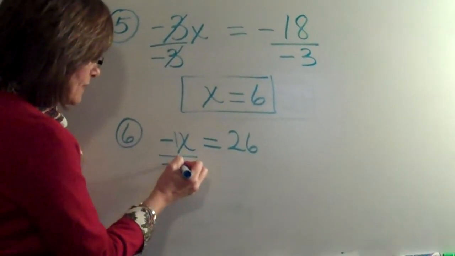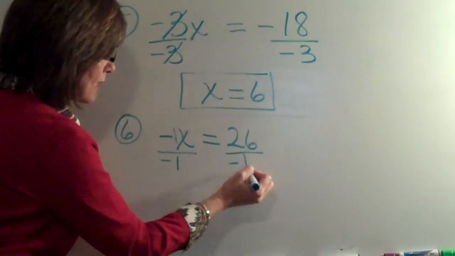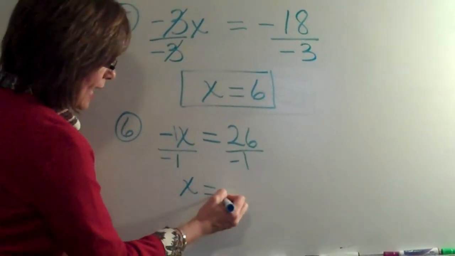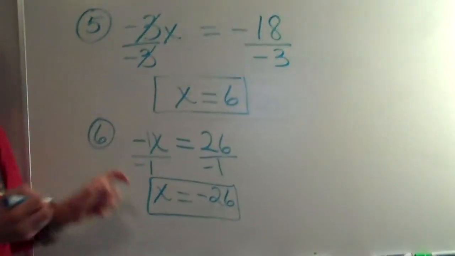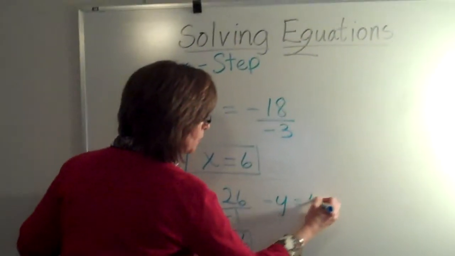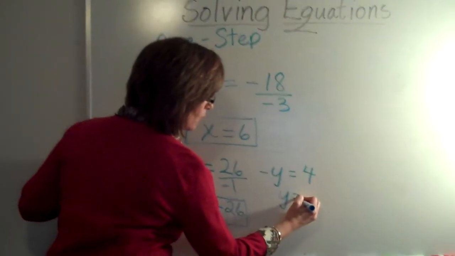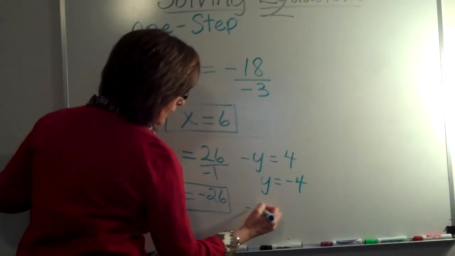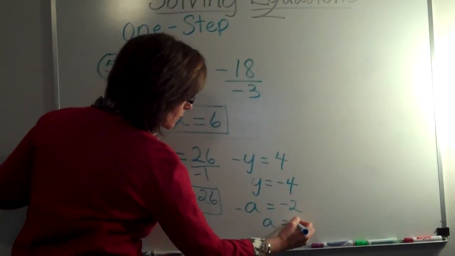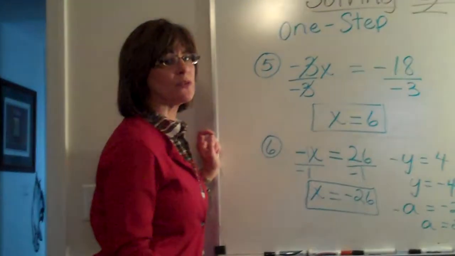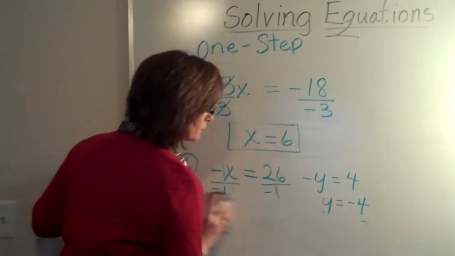So if I divide this side by -1 and this side by -1, I get x equals -26. What I'm really doing is just taking the opposite. So if I had -y equals 4, y would equal -4. -a equals -2, a equals 2. That's what happens when you divide by -1.